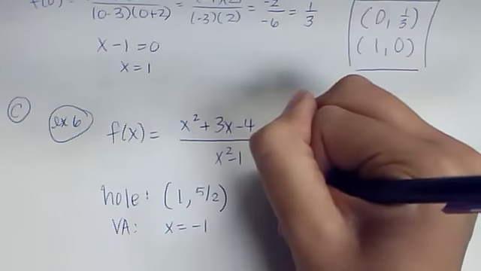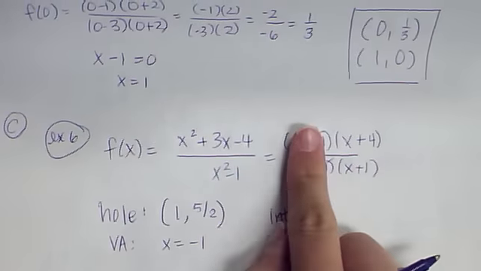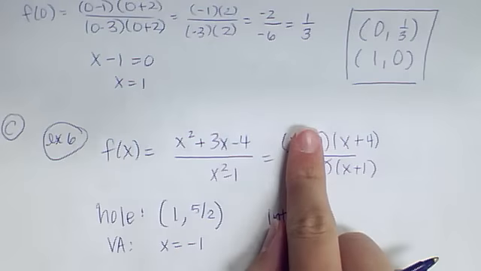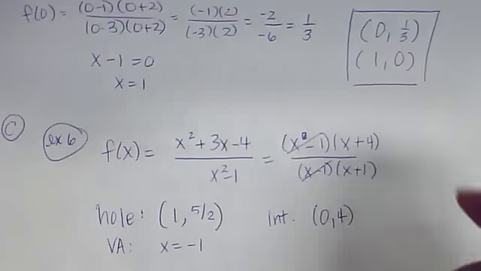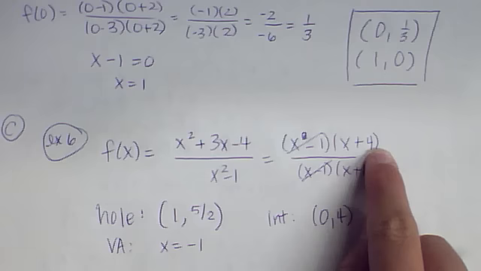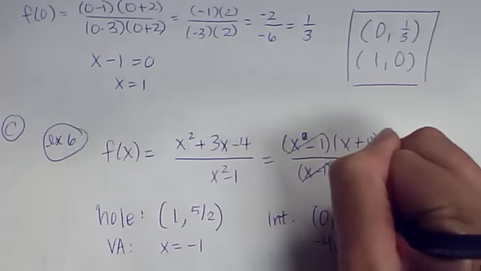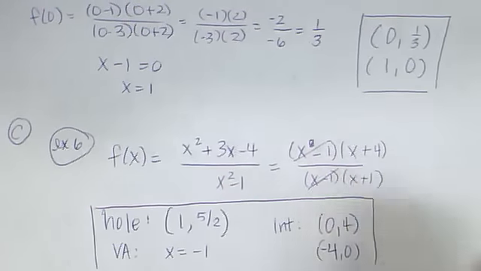My intercepts, if I set everything equal to 0, 0 plus 4 is 4, 0 plus 1 is 1, 4 over 1 is 4, so I have 0, 4. And for the second one, if I set just the top equal to 0, x plus 4 equals 0, x would be negative 4, and y would be 0. And that's my full answer.